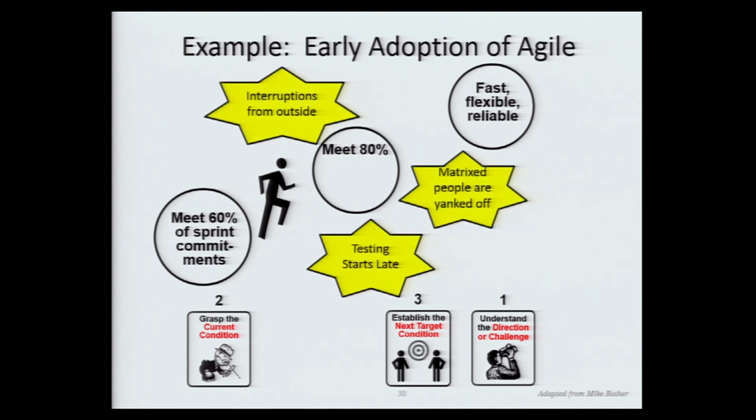So, a number of possibilities. People come and interrupt you in the middle of a sprint. How many people get interrupted in the middle of a sprint? Yeah. You have people who actually report to more than one department, called matrixing. Matrix management, that's people, and they're actually taken away during a sprint. That really doesn't help your scheduling.